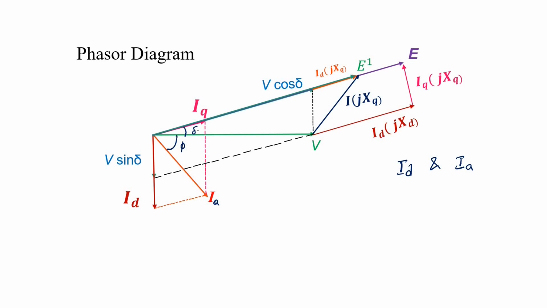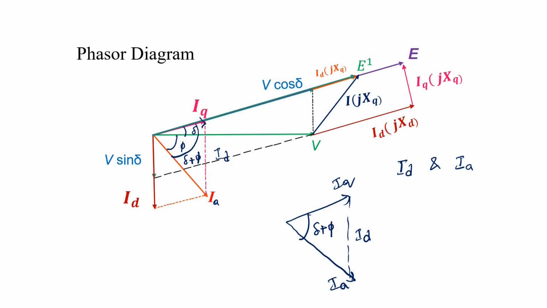So what is the total angle from here to here? It is del plus phi. Now this quantity is IQ, and this perpendicular line is ID, the direct axis current. If you take this portion alone, we have IQ here, this is IA, and this is the current ID, and the angle is del plus phi.